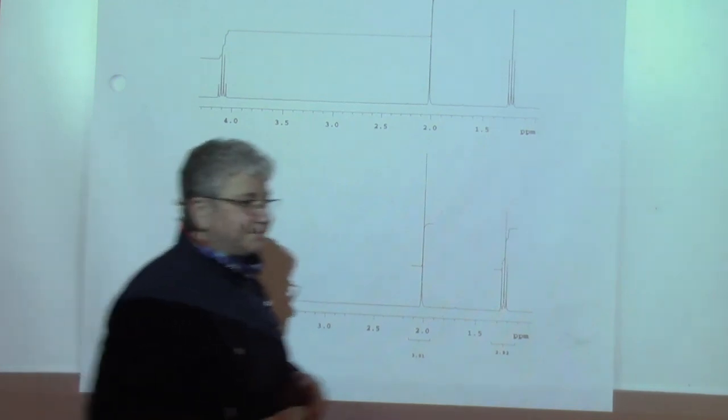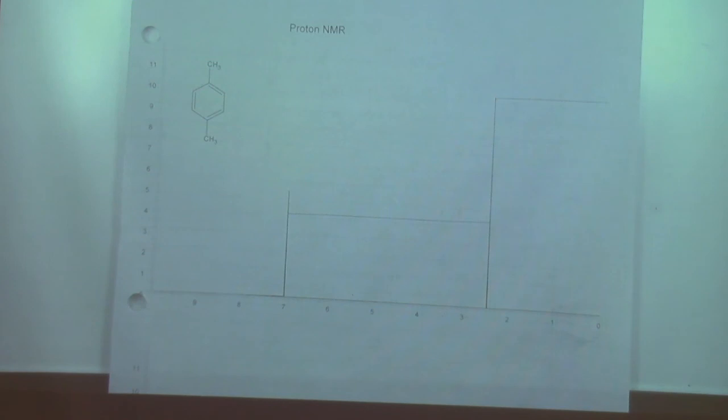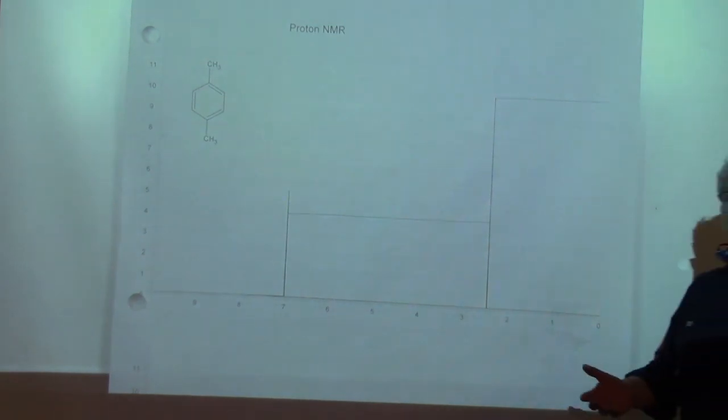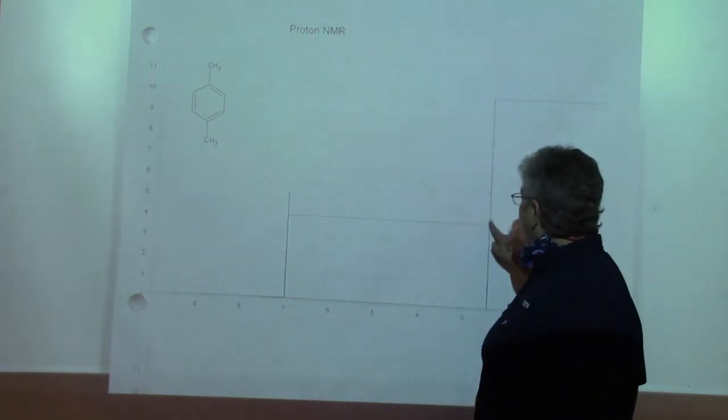Please remember, let's go back to one of these other pictures. So you can do the integration yourself if you want, right? That's what this line is. Here it goes up, and here it goes up, and here.